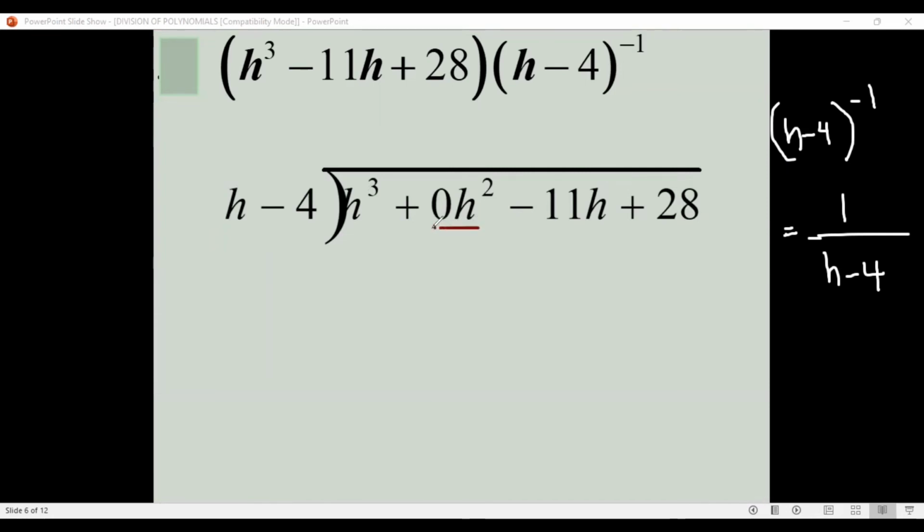Okay, because trying to evaluate now your given, we simply have h raised to the third power minus 11h plus 28. Okay, and then that's being divided by this binomial. Now the danger of not putting the 0h squared between the h raised to 3 and the h raised to 2 will be explained later when I will be giving you the solution for this.